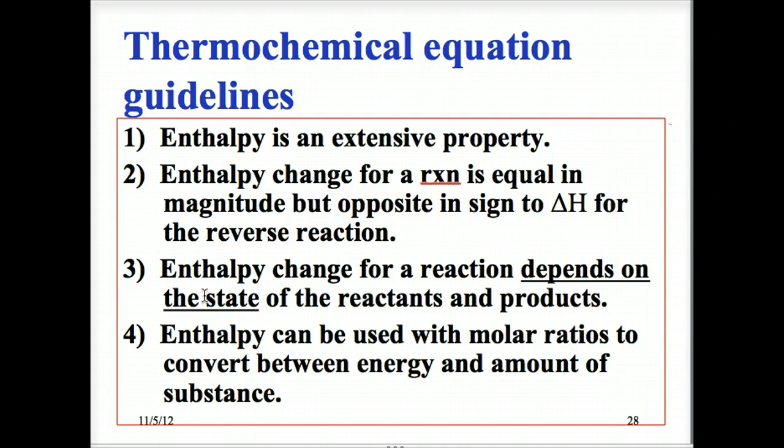For instance, if we build H2 plus O2 yielding H2O, and we've said this before, the values depend on what state each reactant and product is in. Molar ratios: what this means is that you can multiply.